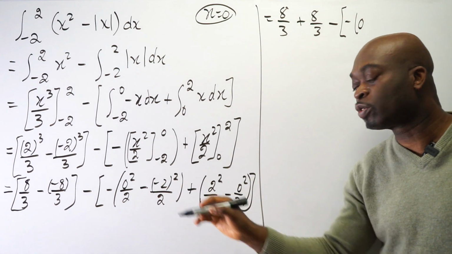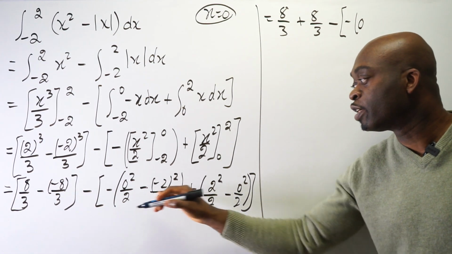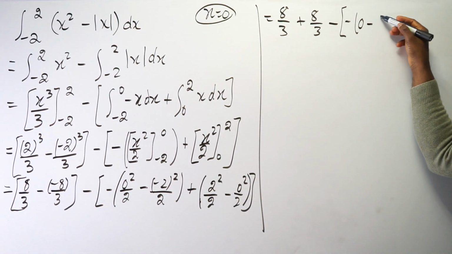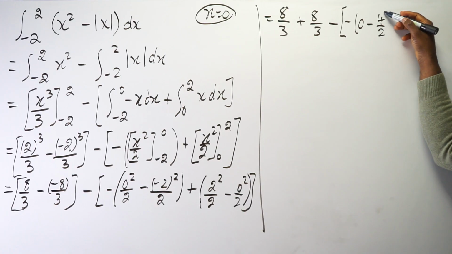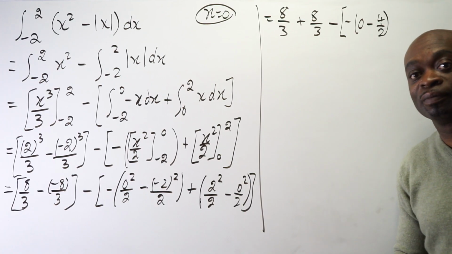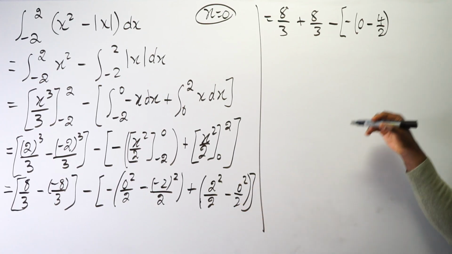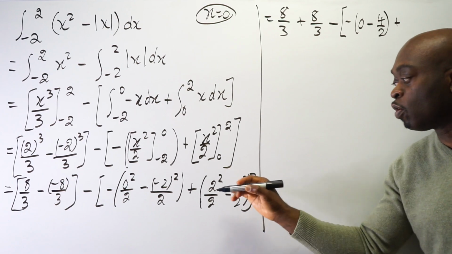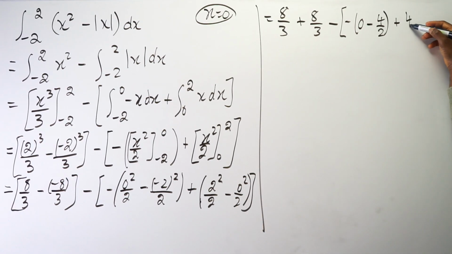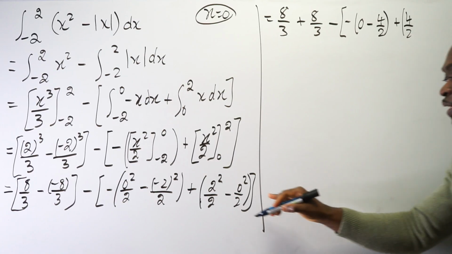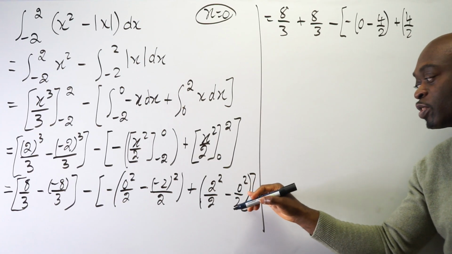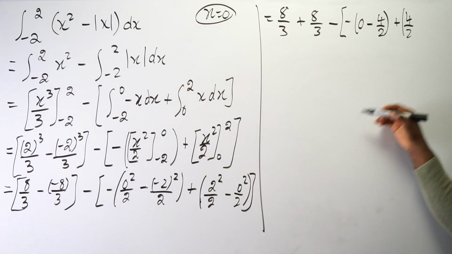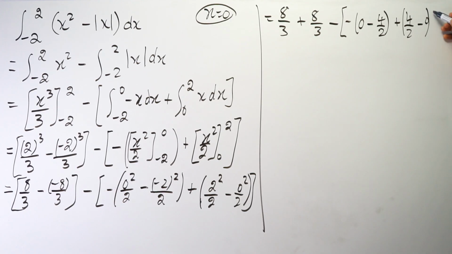And then here, negative 2 to second power is what? Positive 4. So it's minus, then 4 over 2, positive. Okay? We good? And then plus, so what's happening here, 2 to second power is 4, so it's 4 over 2. Can keep the parentheses there. Then minus what? 0 to second power is 0 divided by 2 is 0, so it's minus 0.